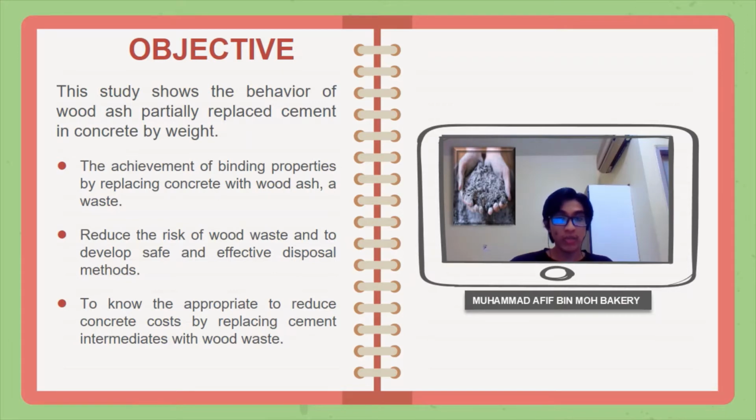The achievement of binding properties by replacing concrete with wood ash or waste. After that, we want to reduce the risk of waste and to develop safe and effective disposal methods. After that, we need to know the appropriate way to reduce concrete costs by replacing cement and intermediates with wood waste.